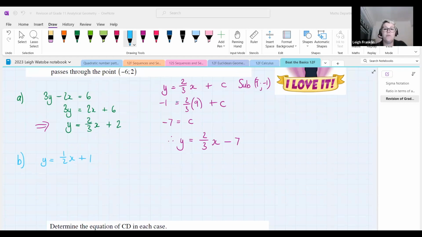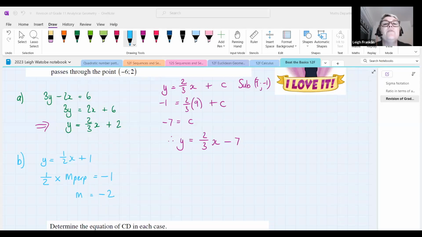So it would be the gradient of our line multiplied by the gradient of the perpendicular is going to be equal to -1. Because remember, the products of the gradients always equal -1 if the lines are perpendicular. So that means that the gradient that we want is going to be equal to -2. Everybody be with that? Good, Leanne, yes.